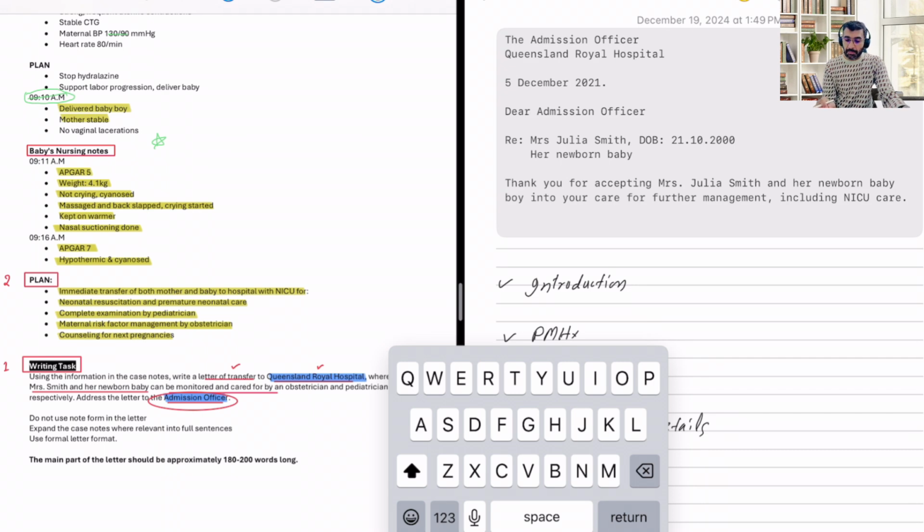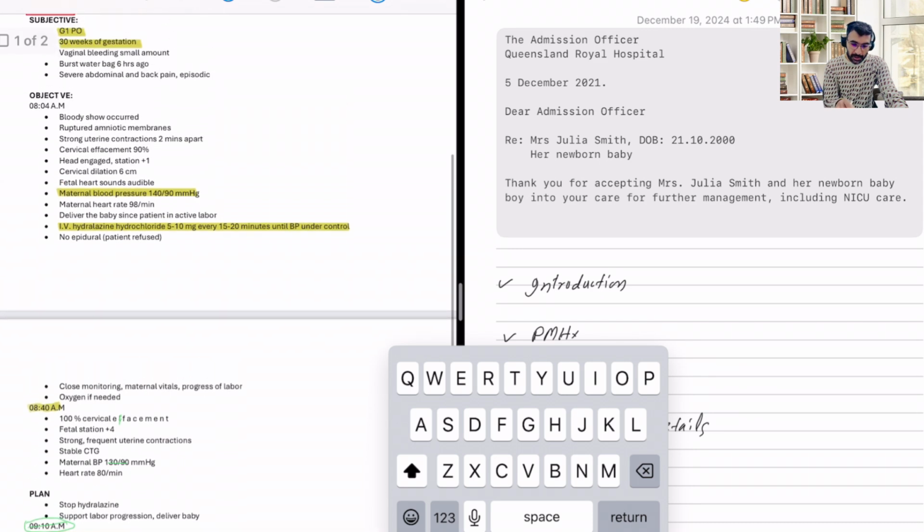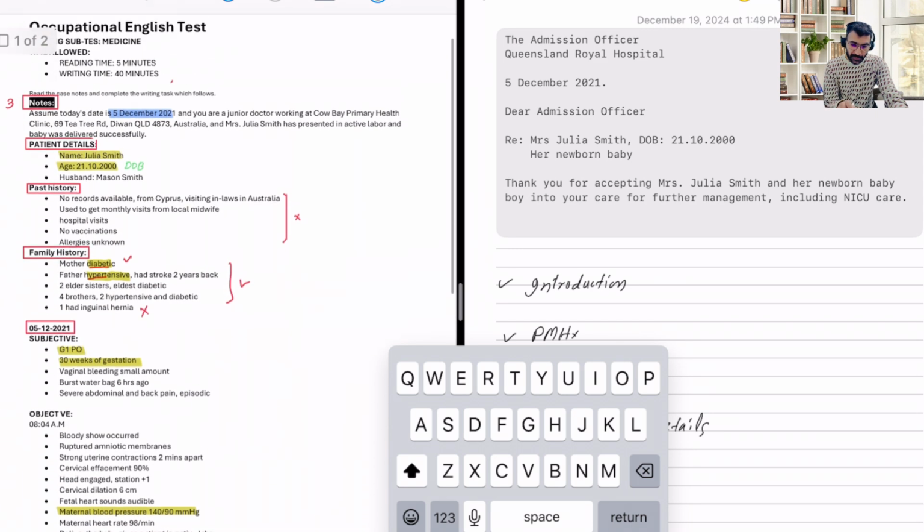Then we will write the patient's past medical history. In this case, the patient's past medical history is insignificant actually. We don't know anything about her past medical history, but she has a family history of diabetes and hypertension, which is important. It's given here, family history.